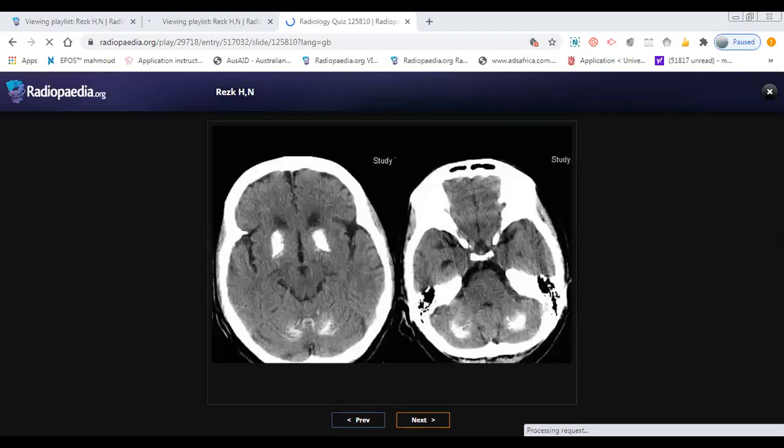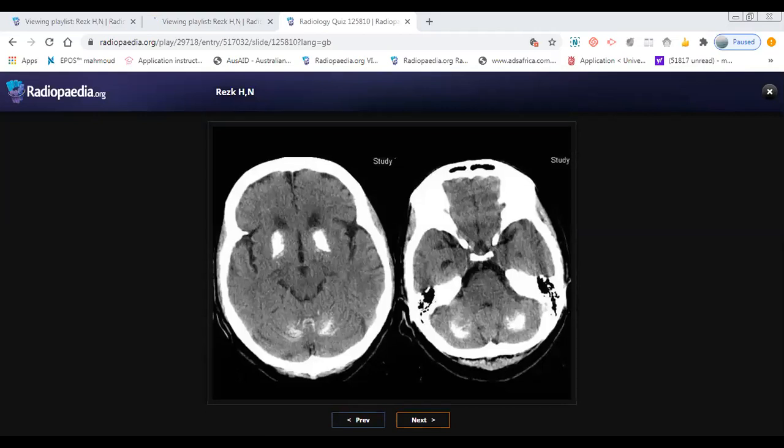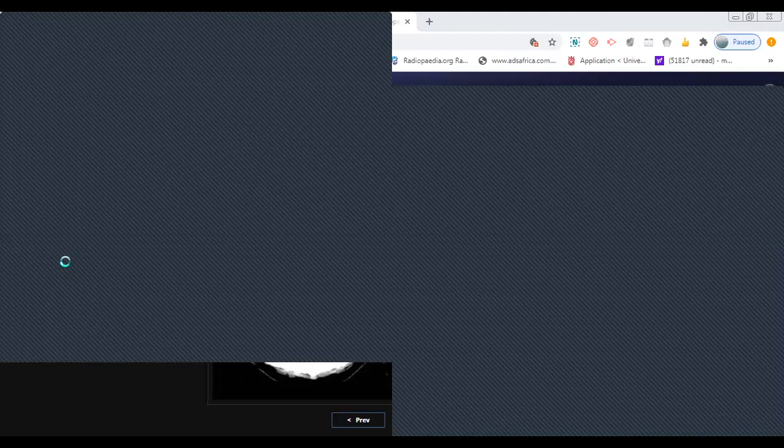So what about this case? This lovely case, because it is one of the good differentials in the exam that he mentioned to you, basal ganglia calcification, and you will find a list of many things, yes. One of them, if it can come with this appearance and in the cerebellum, you will mention, yes, Fahr disease.